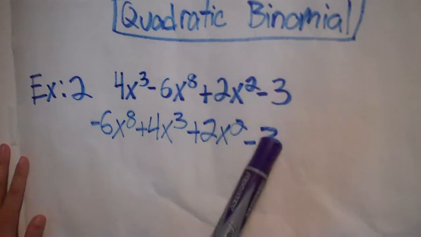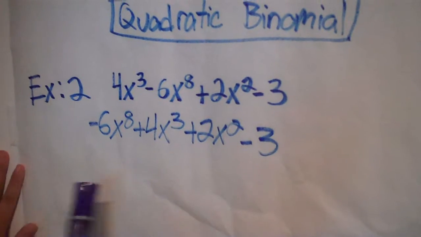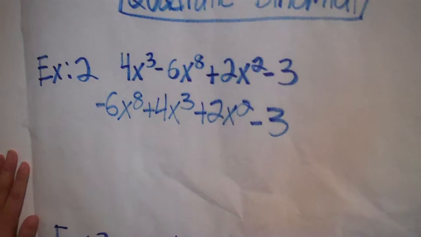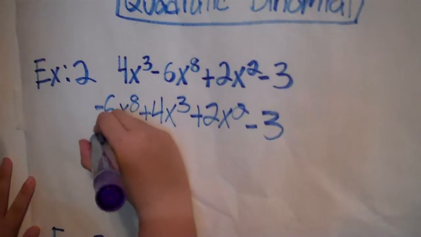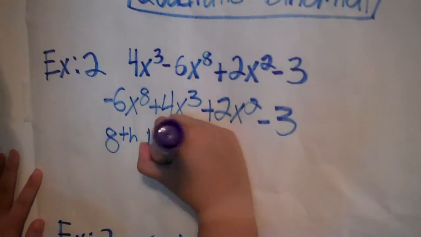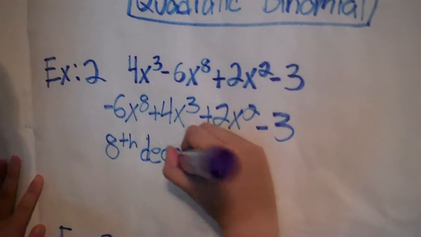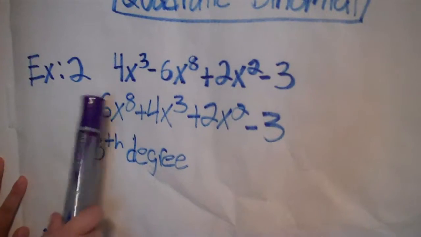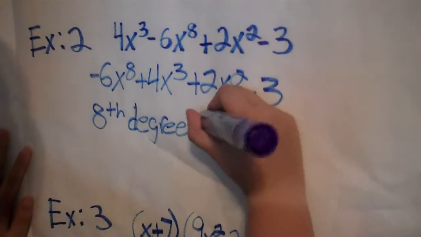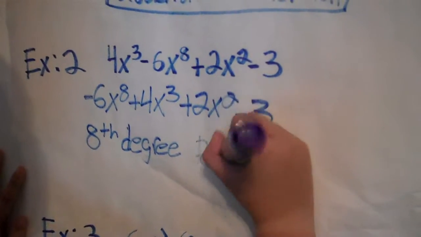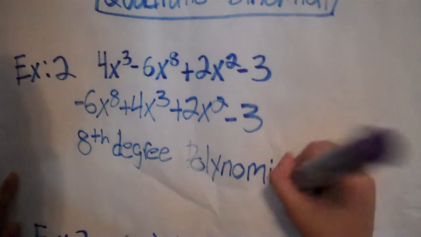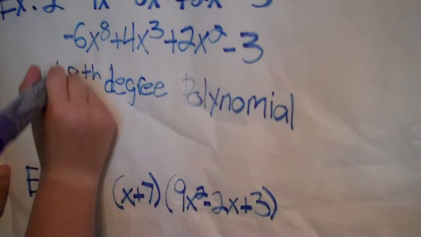Since it is in standard form now, we can name it, and since 8 is the highest exponent, we just say it's 8th degree. And it has 1, 2, 3, 4 terms, polynomial. And that's your answer.